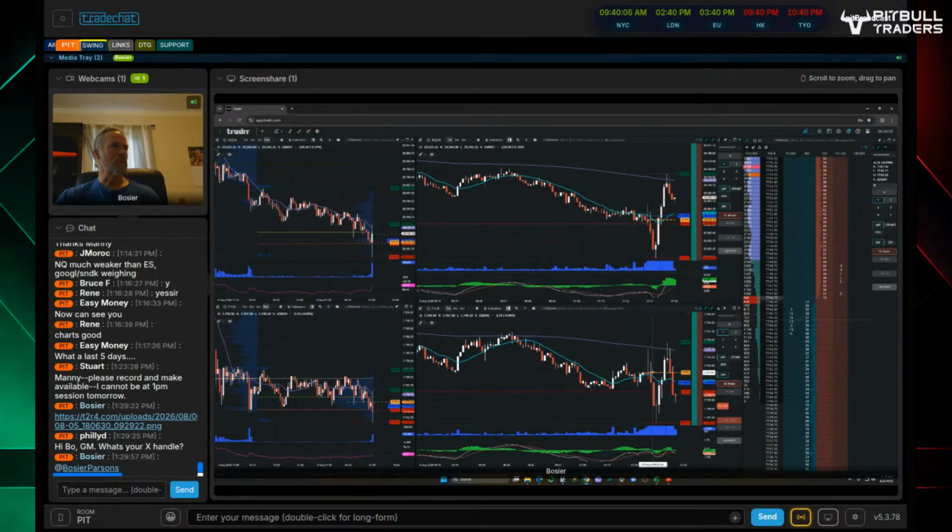So we came up and tested this downsloping moving average perfectly and rejected it so far. And sometimes when that happens, it can be a hard rejection point, but look at how the NQ is now holding up here above this level.